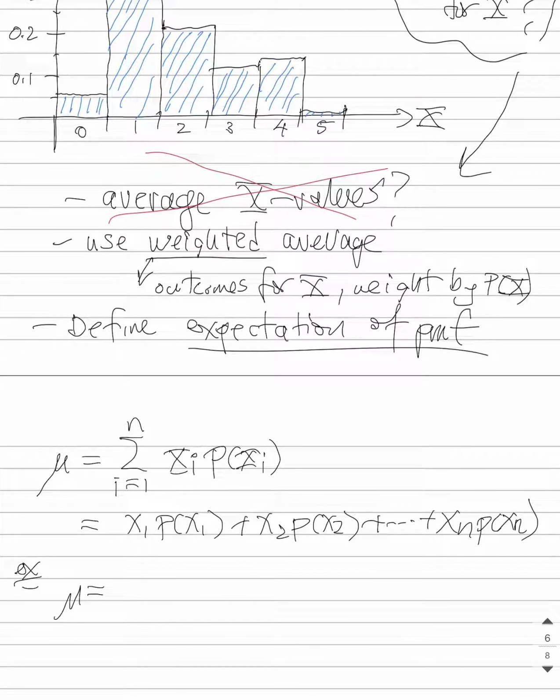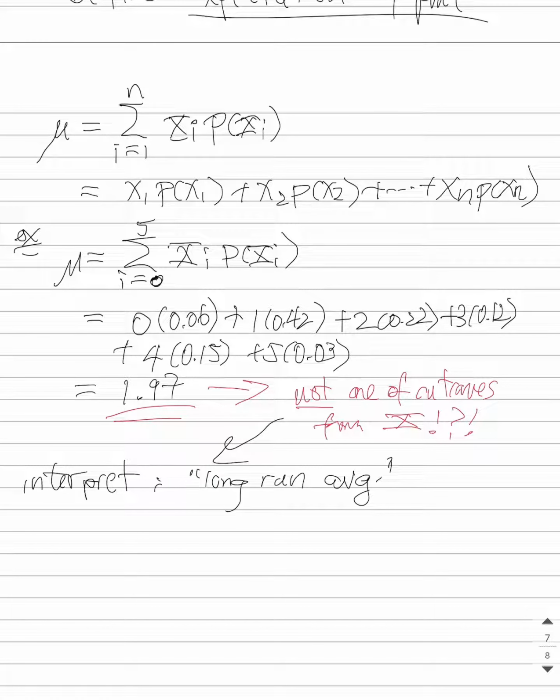If we were to repeat the experiment that generated this mass function over and over and over again, we would find that if we were to keep track of the most likely outcome, on average, it would be 1.97. So this would be what we would get if we were to repeat the experiment many times.